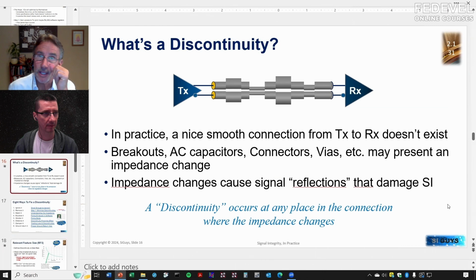Sadly, I can even show you just routes on a PCB where you think it would be a nice constant impedance and it isn't. Because of the way the PCB material is created, because of the fiber inside of the PCB.